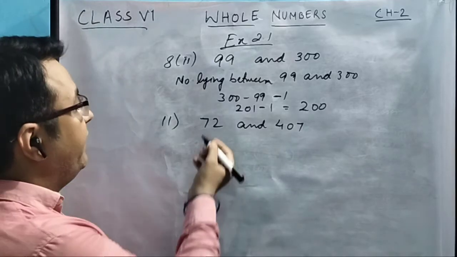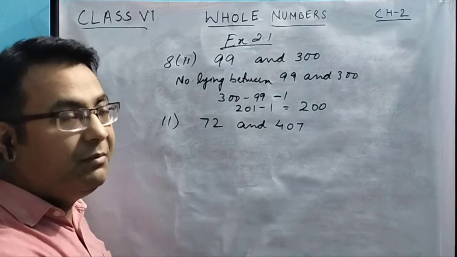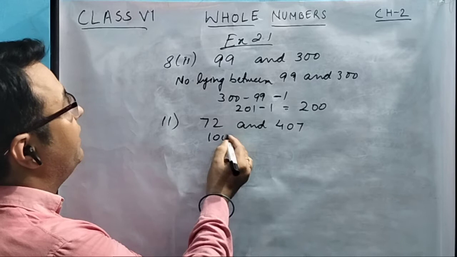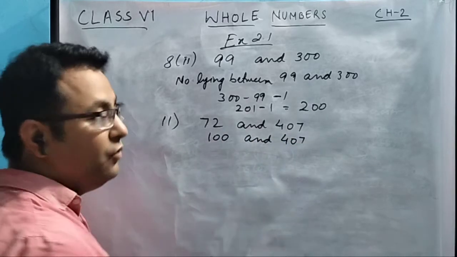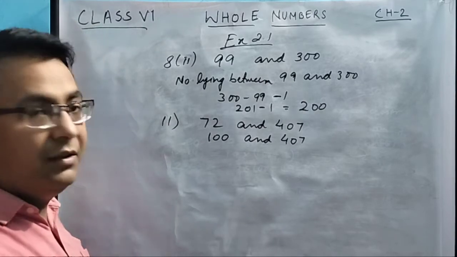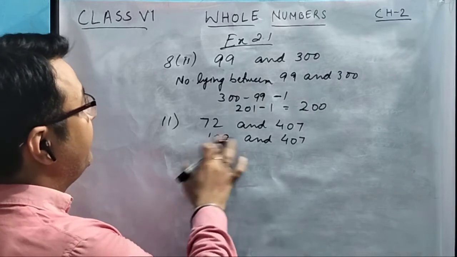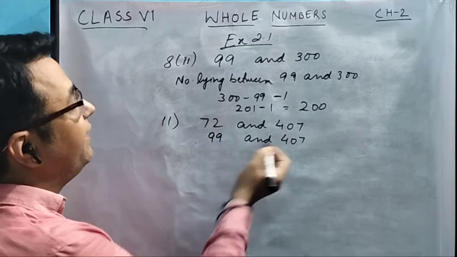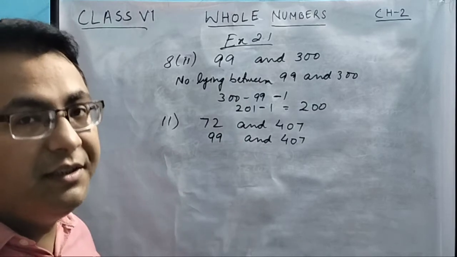The next number after 72 is not a 3-digit number, but the first 3-digit number after 72 will be 100. So we have to find the number of whole numbers from 100 to 407. Or we can say that we have to find between 99 and 407. 100 is the first 3-digit whole number.